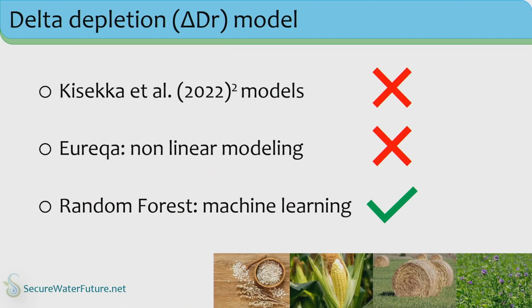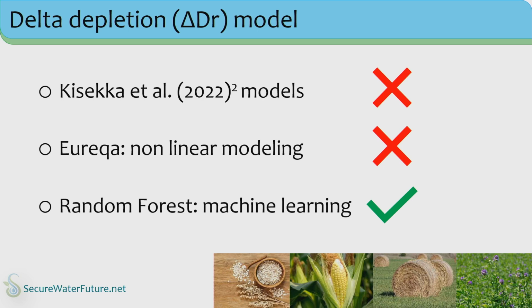We found a paper recently published by Kiseka that summarized some of these classical models that look to estimate changes in soil moisture, and we applied it to our data. And unfortunately, they didn't work. Then we tried to go one level up and try some nonlinear modeling with genetic programming in a software package called Eureka.